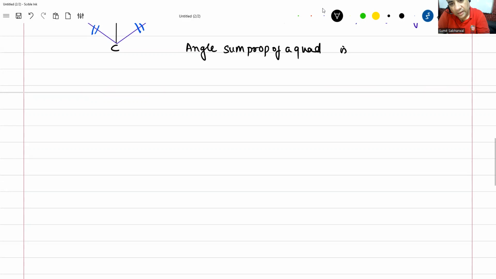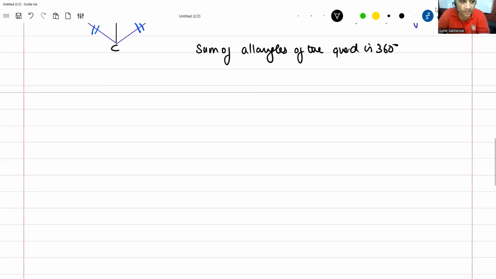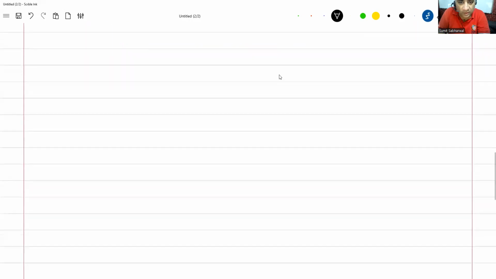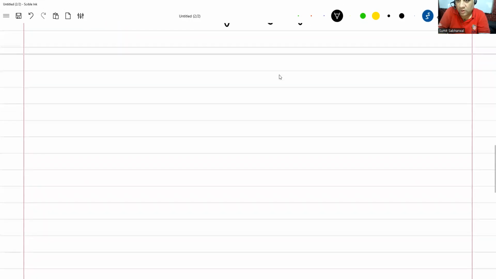The sum of all the angles of the quadrilateral is 360 degrees. Okay. Now let's head towards the theorems of the parallelograms as I was talking about earlier.